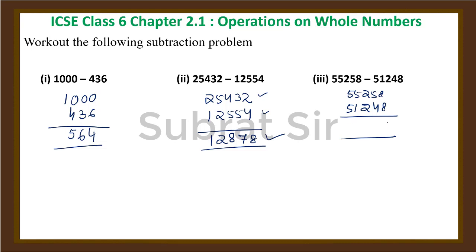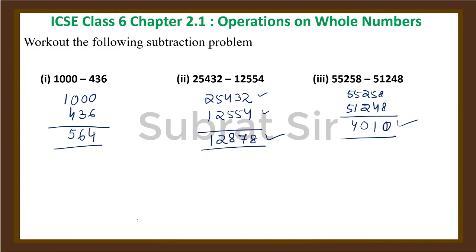So 8 minus 8 is 0, 5 minus 4 is 1, 2 minus 2 is 0, 5 minus 1 is 4, and 5 minus 5 is 0. Again we will cross check: 8 minus 8 is 0, 5 minus 4 is 1, 2 minus 2 is 0, 5 minus 1 is 4, so 4010, and we know it is a whole number.